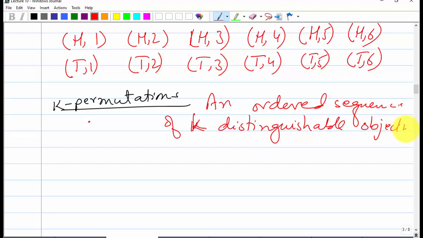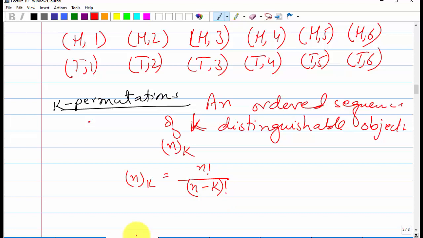If we have k distinguishable objects, we can call them k permutations, represented by n sub k. So n sub k is equal to n factorial divided by n minus k factorial. So this is called the k permutations.